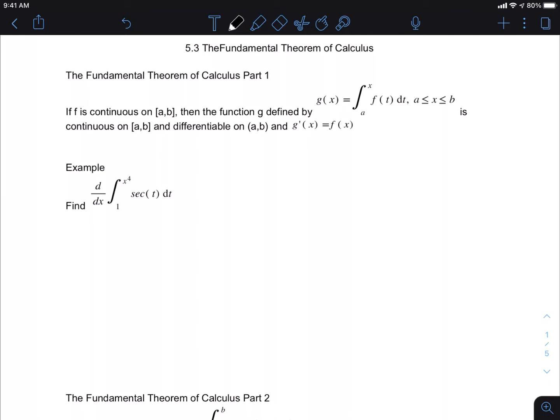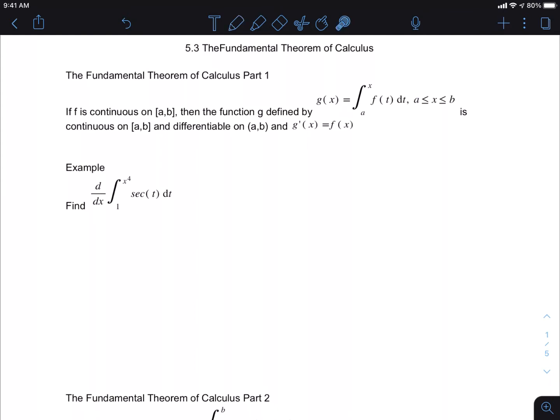All right. So what the fundamental theorem of calculus part 1 says is that if we have a continuous function on a closed interval from a to b, then the function g, which is defined by an integral by those bounds, is going to be continuous and differentiable, and the derivative of g is equal to the function f.